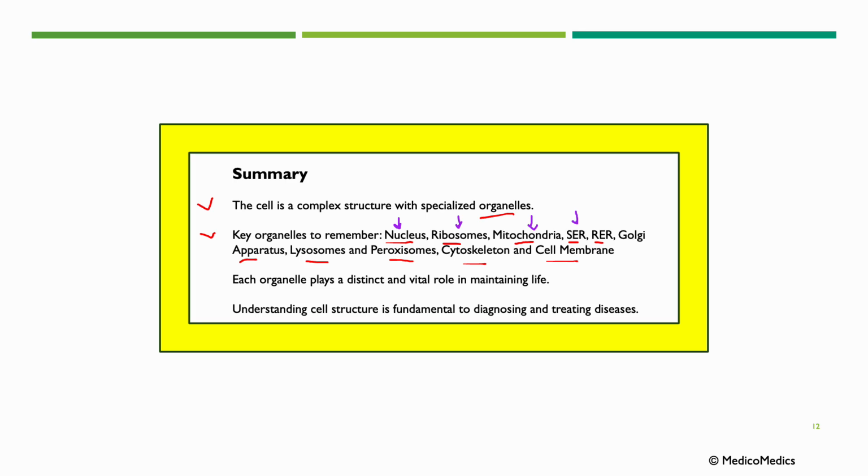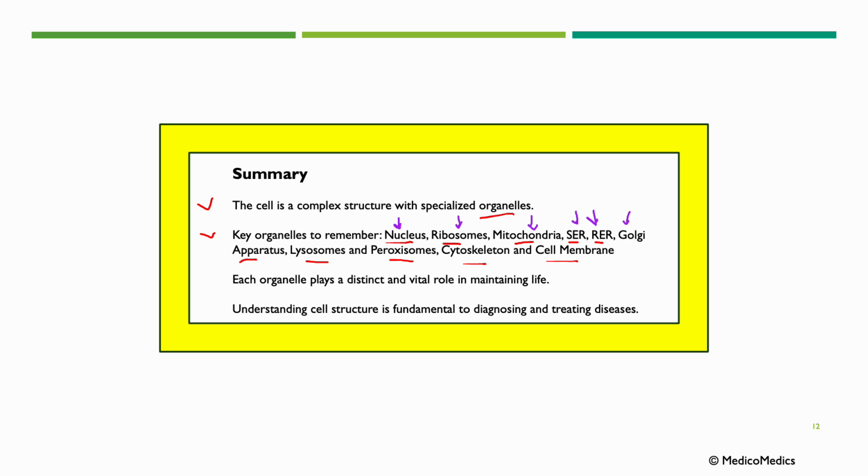We have the smooth and the rough endoplasmic reticulum, where we have the synthesis of lipids and proteins. Furthermore, moving along into the Golgi apparatus, where we have the packaging, sorting, and shipping. And then we have the recycling part of the cell, the lysosomes and the detoxification centers in our peroxisomes.